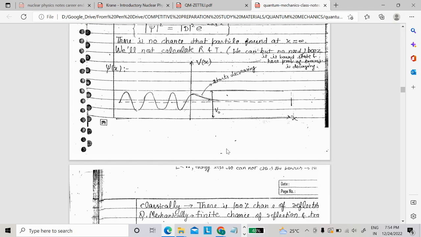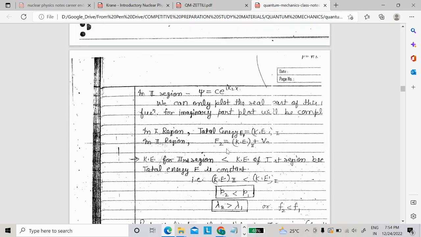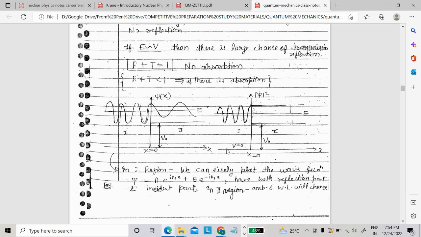So there will be an exponential decay on the right-hand side for E less than V naught. For E greater than V naught, you will have a sinusoidal wave function with an increase in wavelength because kinetic energy has decreased.